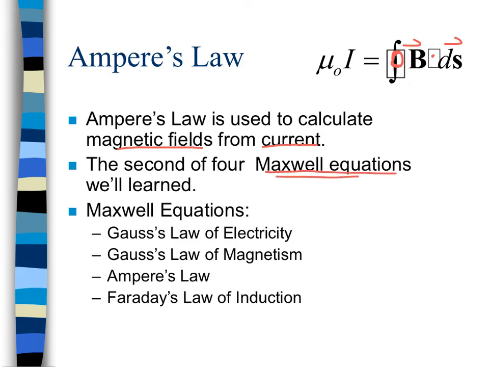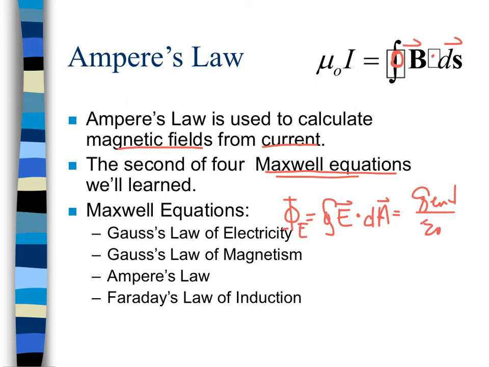We've already talked about our first Maxwell equation, which is Gauss's law of electricity, the integral around a closed surface area of electric field dotted with area vector. So basically looking at our electric flux should equal our charge enclosed by that area divided by epsilon naught.